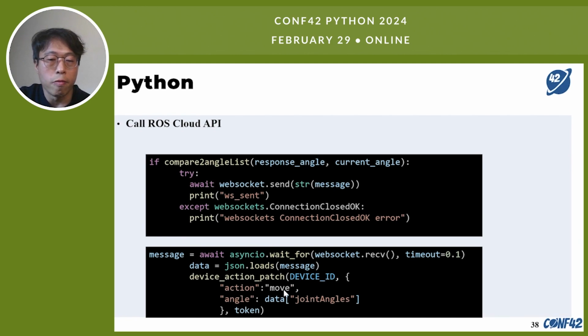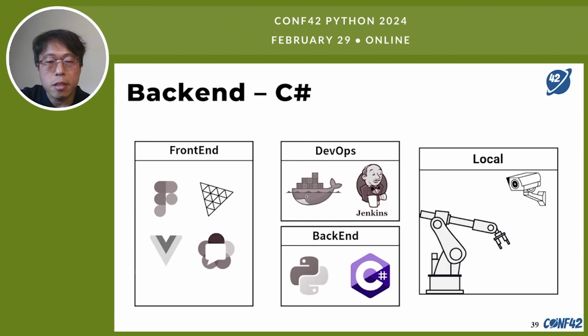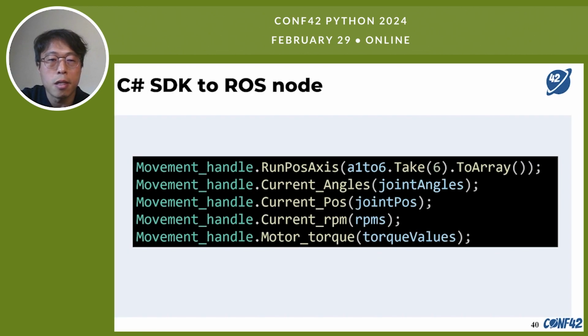We put the agent move and some angle data here to synchronize both the virtual and physical robotic arm at the same time. Here we get the ROS message from the Python WebSocket into the C# library to control the physical robotic arm, and we use the C# SDK to encapsulate those functions to control the physical device.